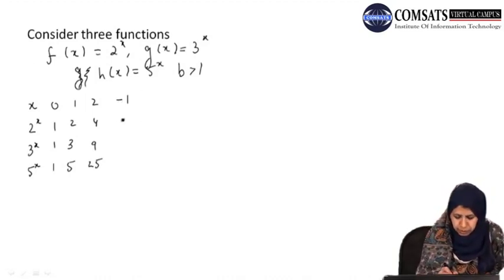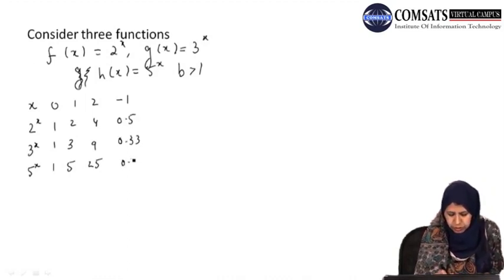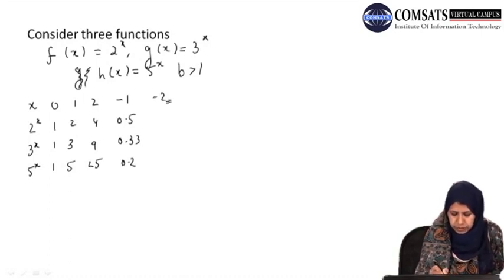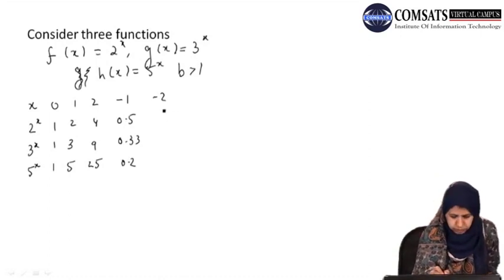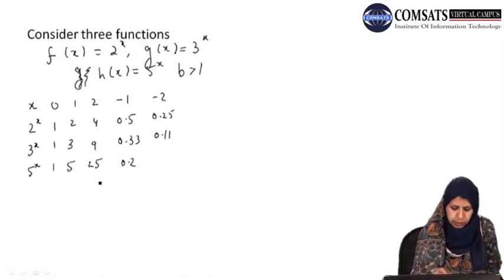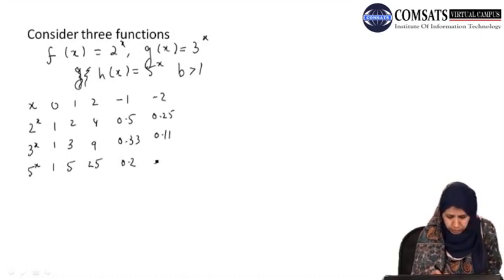When x is minus 1, we have 0.5, 1 over 3 is 0.33, 1 over 5 is 0.2. When x is minus 2, we have 1 over 4 is 0.25, 1 over 9 is 0.11, and 1 over 25 is 0.04.